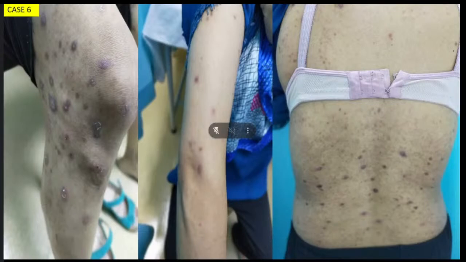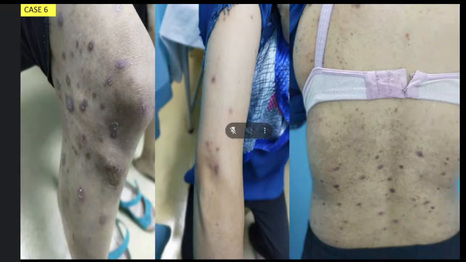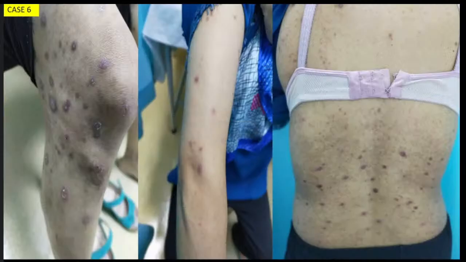Okay, good. But of course you'll be able to see scales, that is more towards Wickham striae. What else? If let's say you see the front of the body, you would consider things like pemphigoid gestationis. It can also be drug eruption, like lichenoid drug eruption as well.